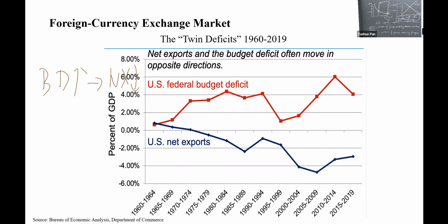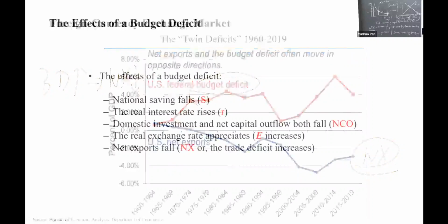So there is a negative relationship between the budget deficit and the net export. It's not a perfect negative relationship because there are many other factors that affect the trade deficit, the NX. Except the budget deficit, there are also other factors that affect the net export. But anyway, there is a negative relationship between these two, the budget deficit and the net export.